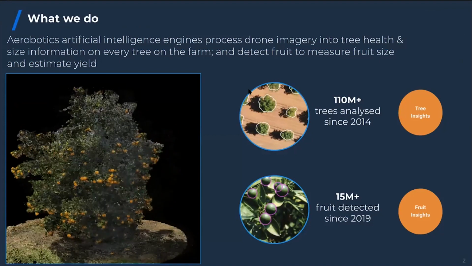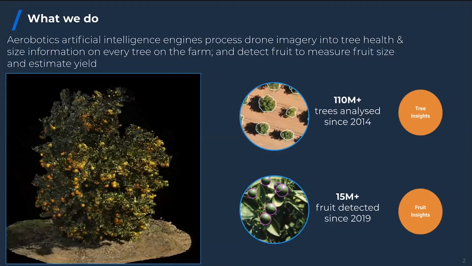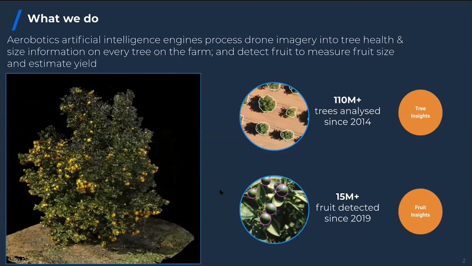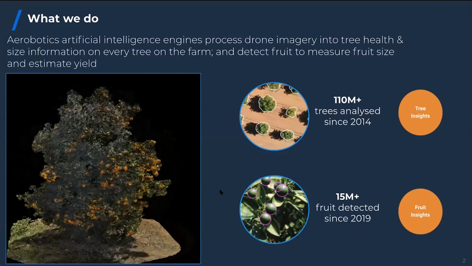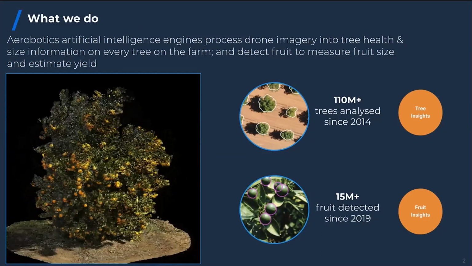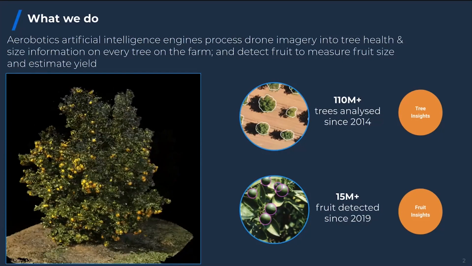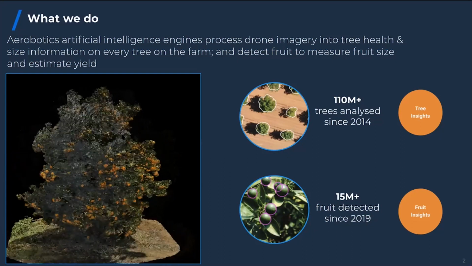And the way we provide the information is by reconstructing a three-dimensional model of each tree in the orchard. So the drone flies above the property, and we get many different footage from different angles of the same tree, and it allows us to create this image as you see here on the back end.